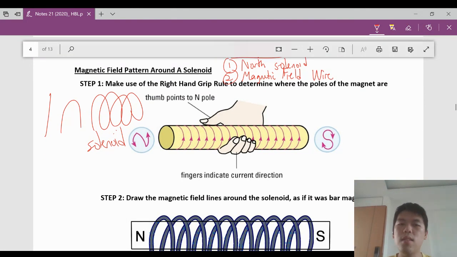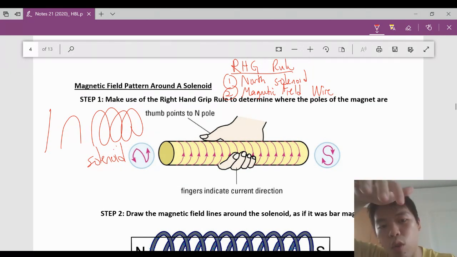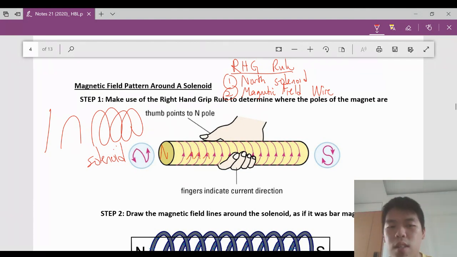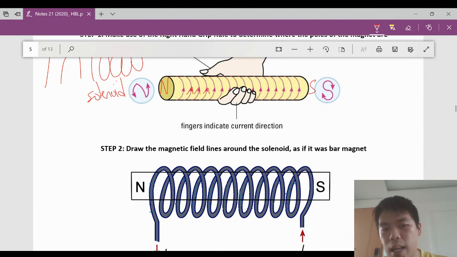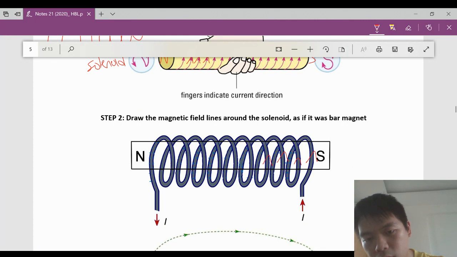In this case, previously we used the first part to identify north. Your fingers follow the direction of the current, and your thumb tells you the north pole. So down here is north and down here is south. Now we would like to draw the magnetic field lines around this. You can see the current comes in here, goes here, comes out here.